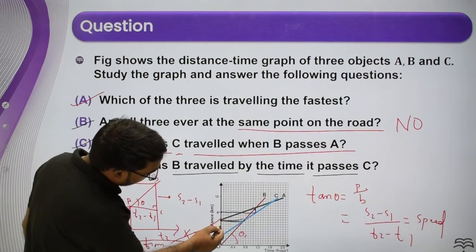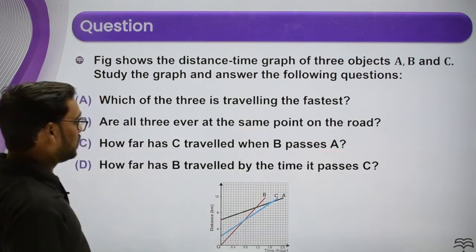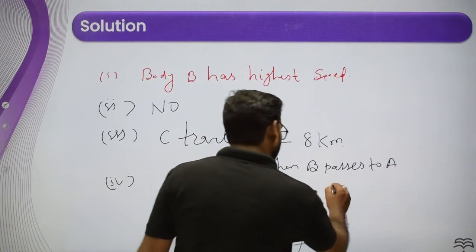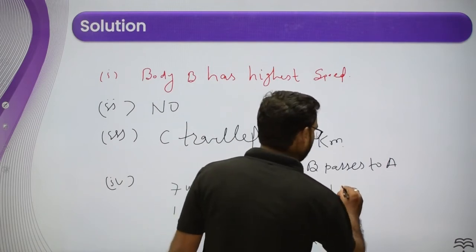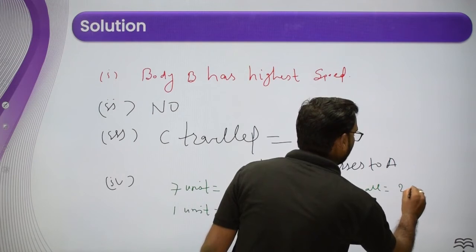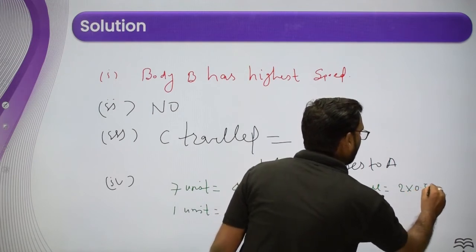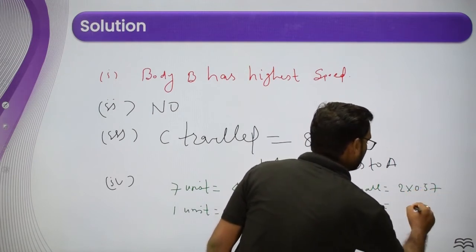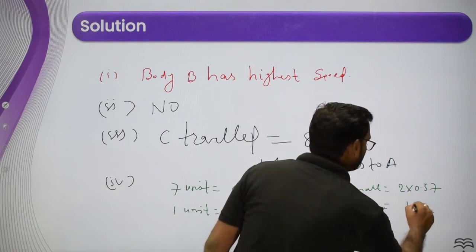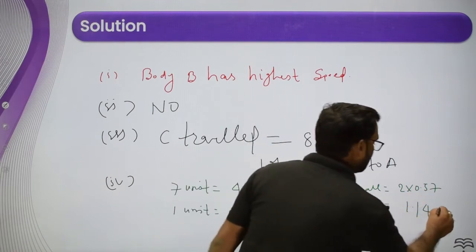So you can say 2 small units represent, 2 multiplied by 0.57, you will get 1.14 kilometer.